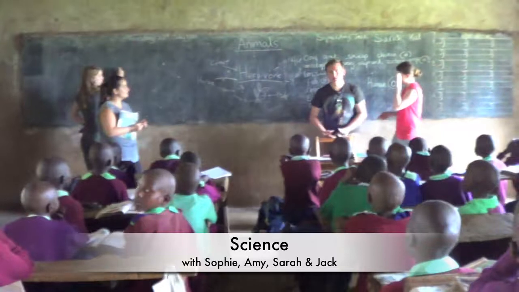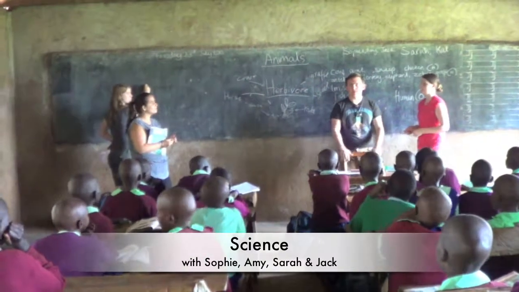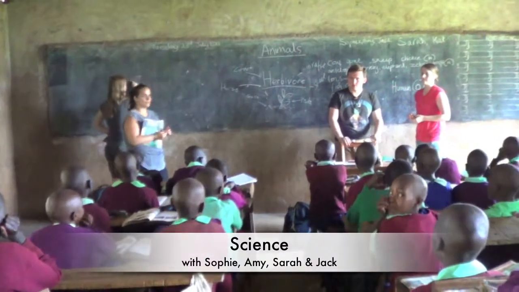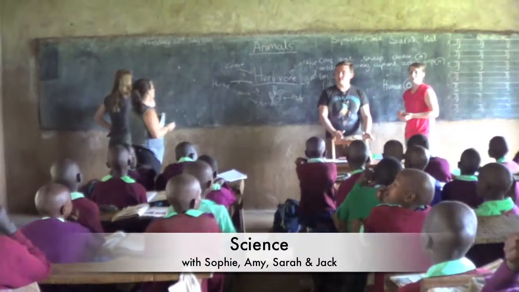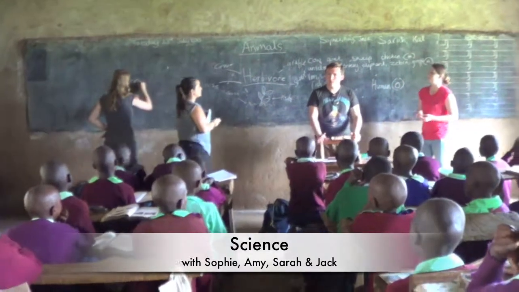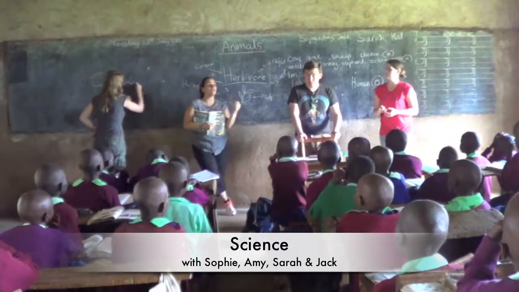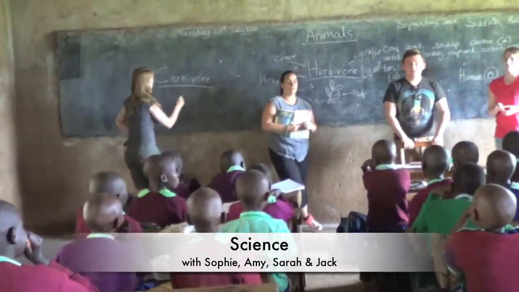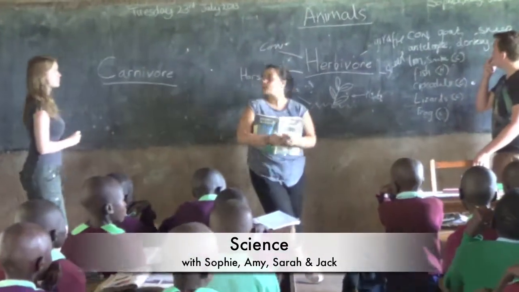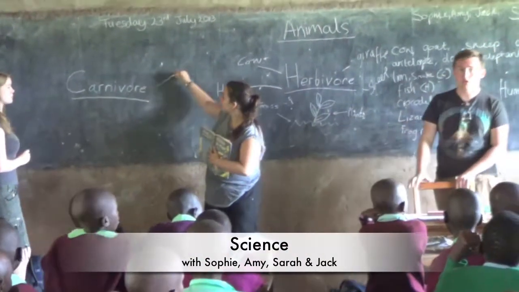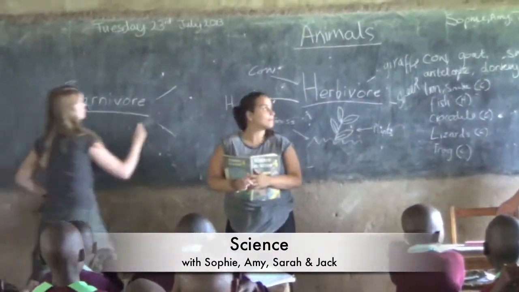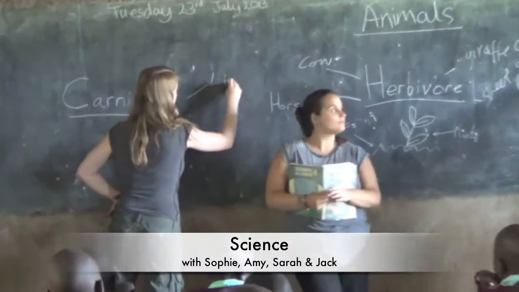So if you know what a herbivore is, does anyone have a guess what a carnivore is? A herbivore only eats vegetables and plants. What would a carnivore only eat? So a carnivore is a lion, a crocodile is a carnivore, snakes are carnivores.